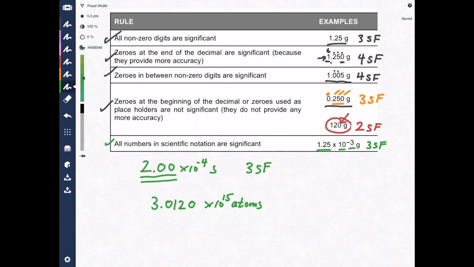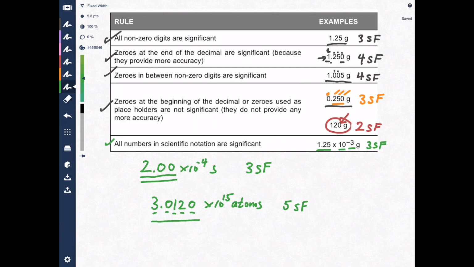That is 1, 2, 3, 4, 5 significant figures, because remember, every digit in the coefficient of a scientific number is significant. And right here, this is the coefficient of that number. So it's 5 digits, 5 significant figures.